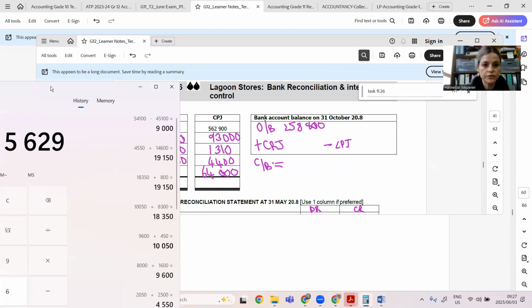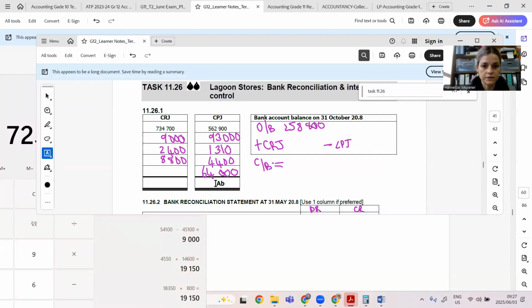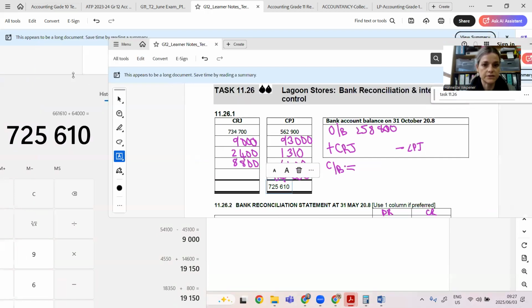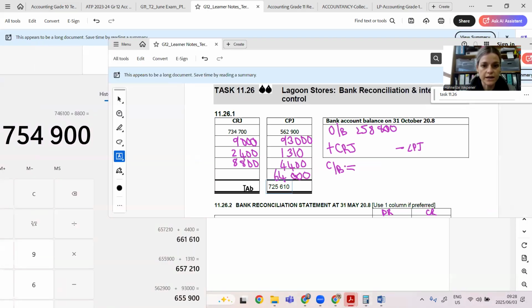So the total for the CPJ is what I'm going to calculate now, just by adding all of the amounts that I've already listed there in my CPJ, and that is 725,610. Is that correct? There we go. Okay, and then same for the CRJ, plus 9,000, plus 2,400, plus 8,800. So that's 754,900.